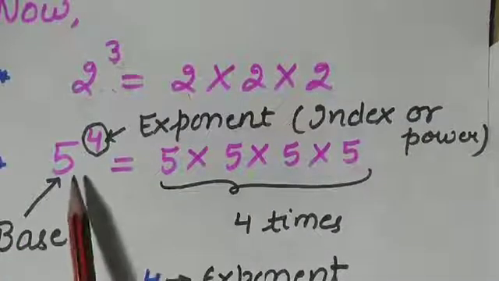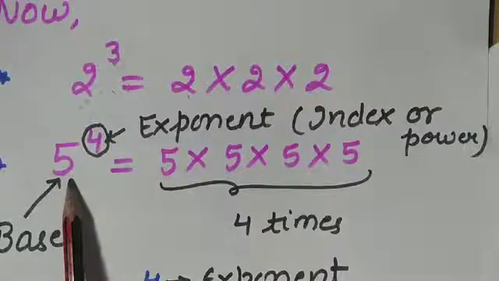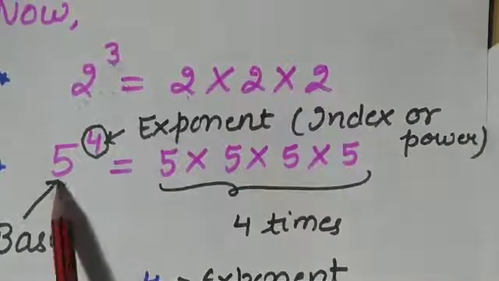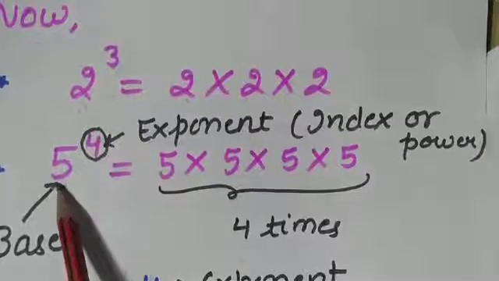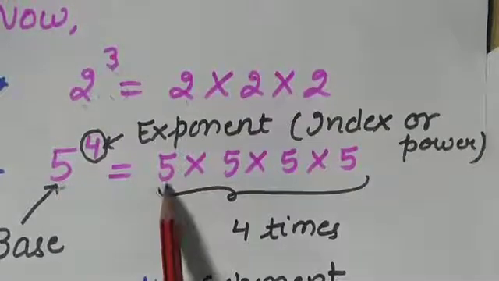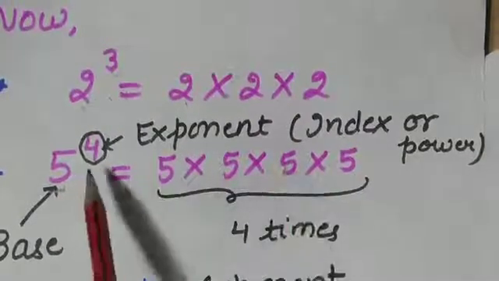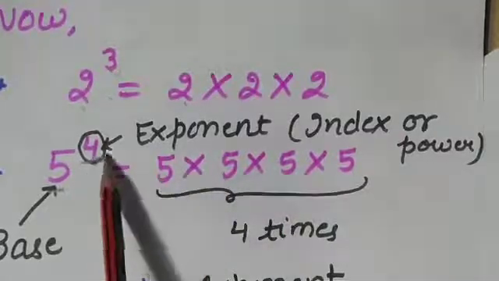Likewise, if I am taking one more example, whenever 5 is written and 4 is written in the superscript of 5, so this is repeated multiplication of 5, and how many times? This is 4 times.